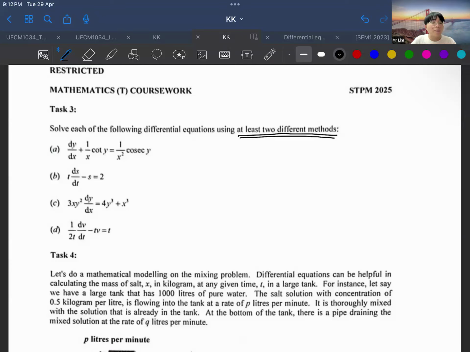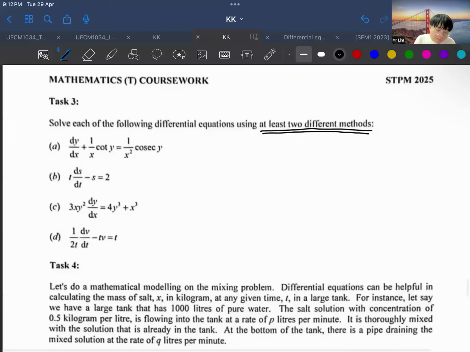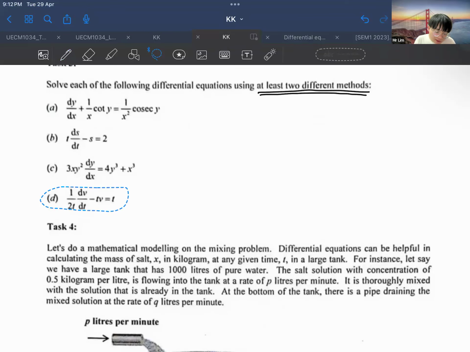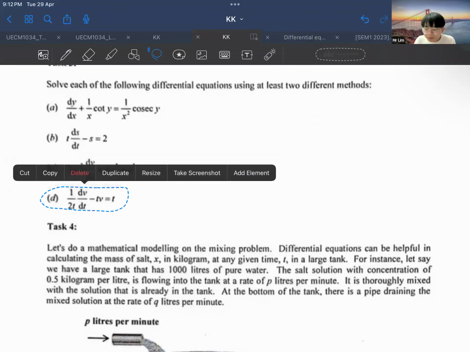This is possible to happen. Of course, there are certain equations that can only be linear, not separable, but there are also some equations that can be both separable and linear. So I just want to bring out one example to let you see. Let's take this one as an example.